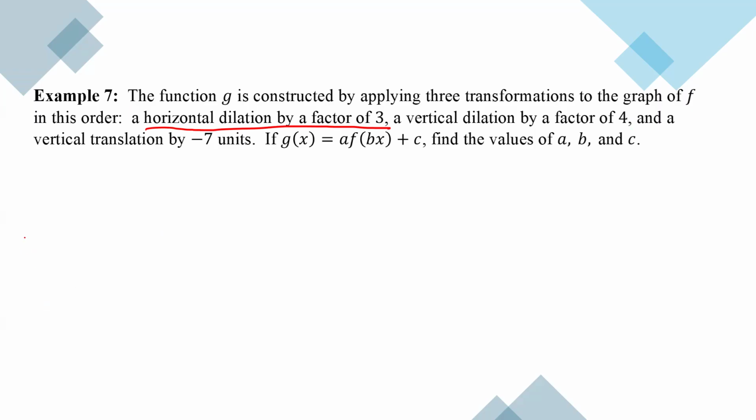Our b. And if I want it by a factor of 3, what must be true? It has to be the reciprocal of that. If I want it to be by a factor of 3, that means b has to be 1/3.